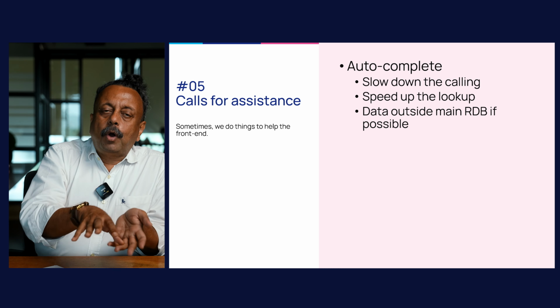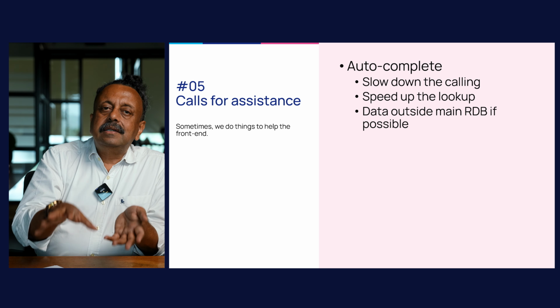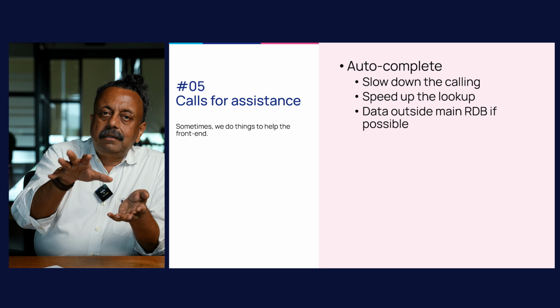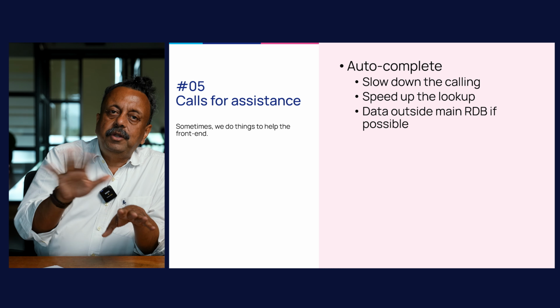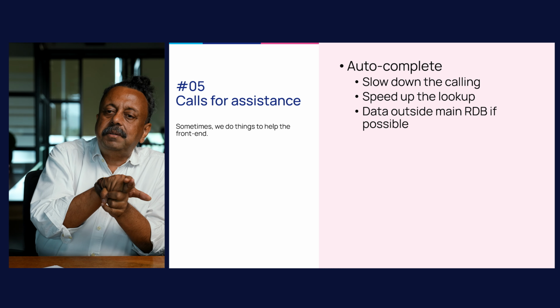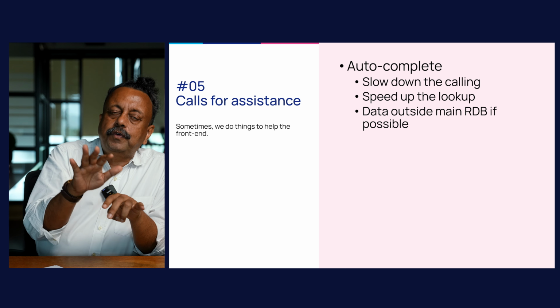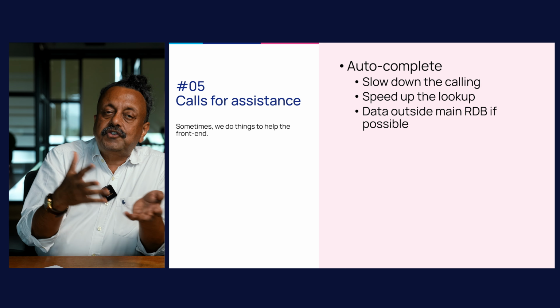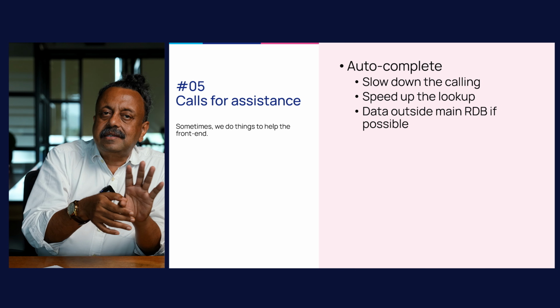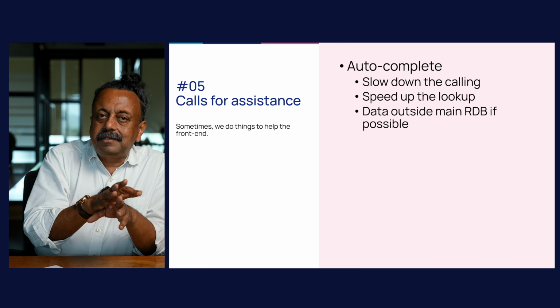So it is important to implement autocomplete by using a separate database. We prefer to implement autocomplete using a separate Elasticsearch database, which is basically not used for transactions. It is only used for quick searches based on string matching, where Elasticsearch shines, is very powerful.